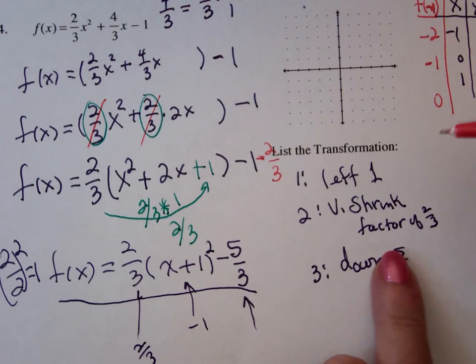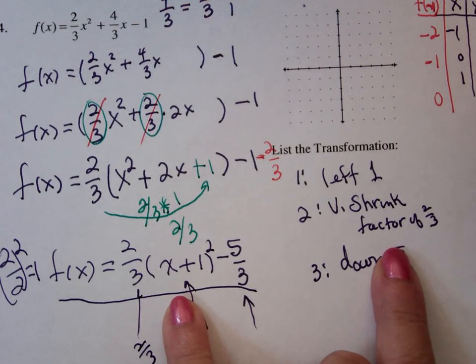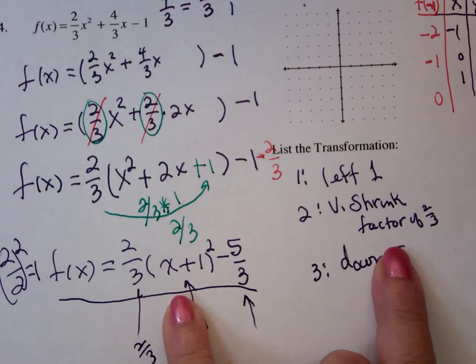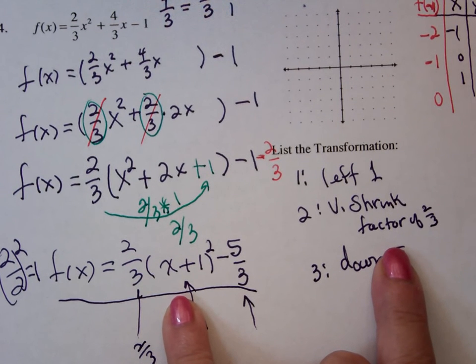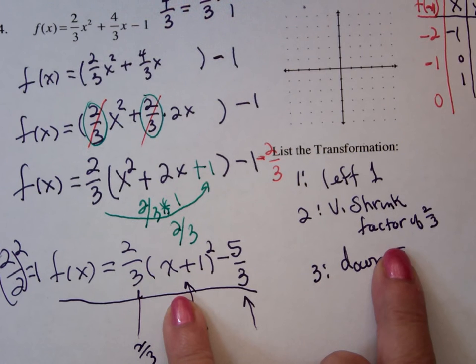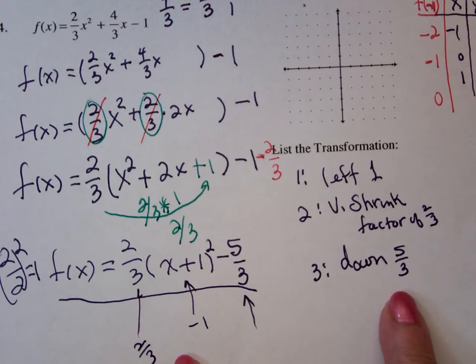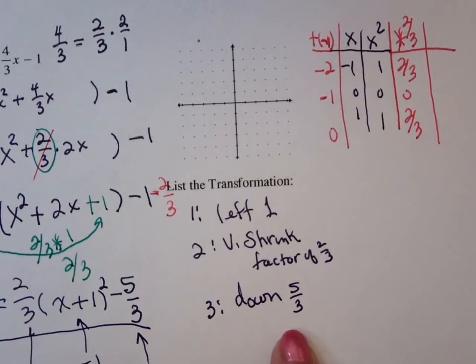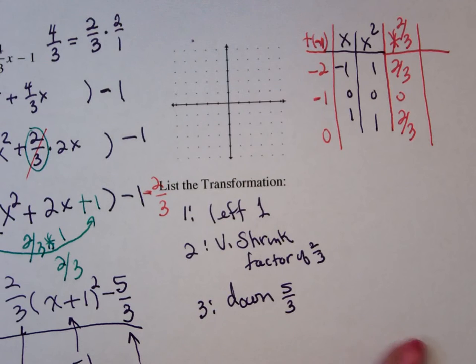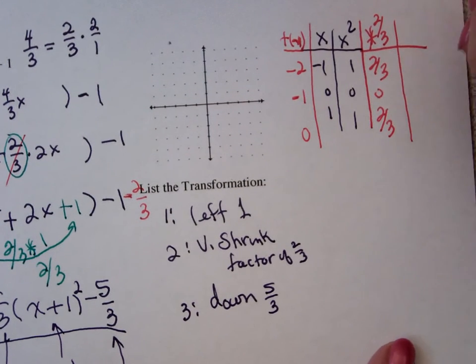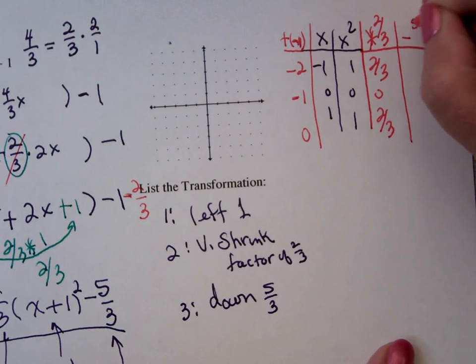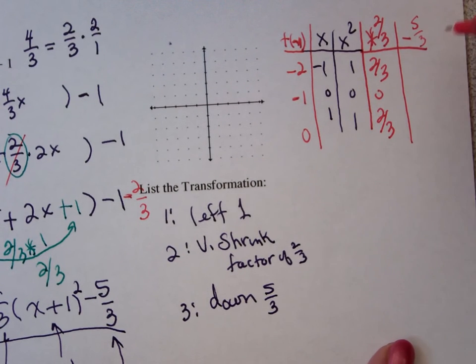And then I'm going to shrink it by multiplying by 2/3: 2/3, 0, 2/3. And I'm going to go down, which is subtract 5/3, which is 2/3 minus 5/3.